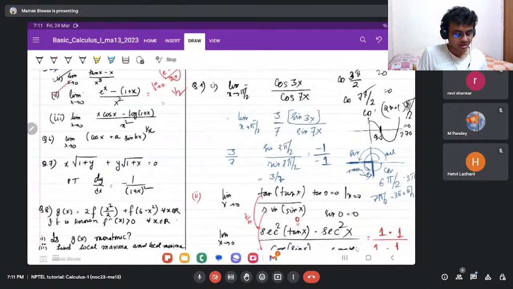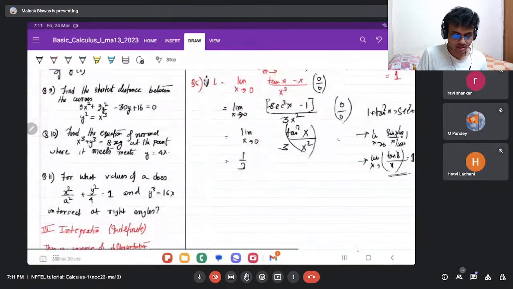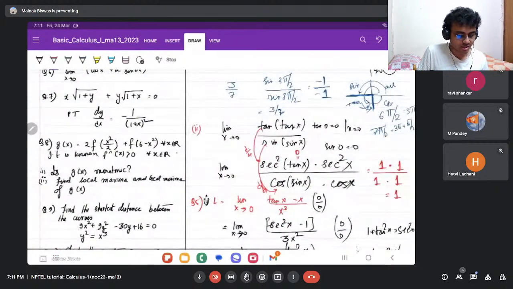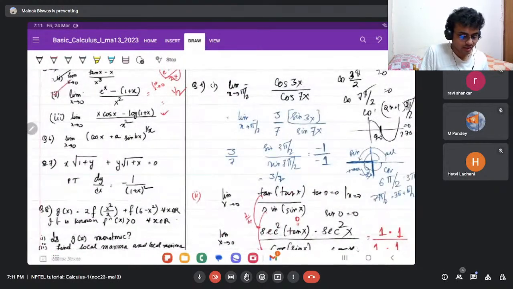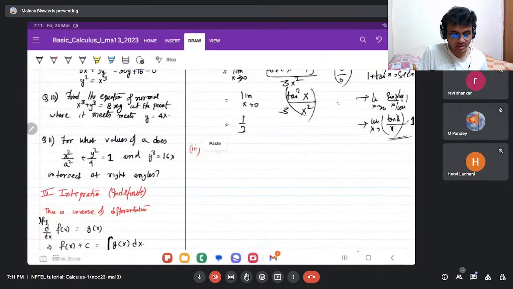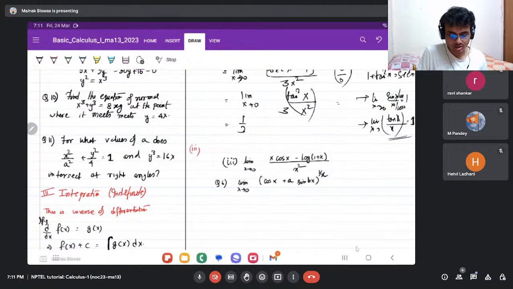Next is this. I'll again wait for a couple of minutes. I'll start solving it at 7:13. So I'll copy the question once again and you can try. Let's copy both these questions and I'll start solving at 7:13, 7:14 around.